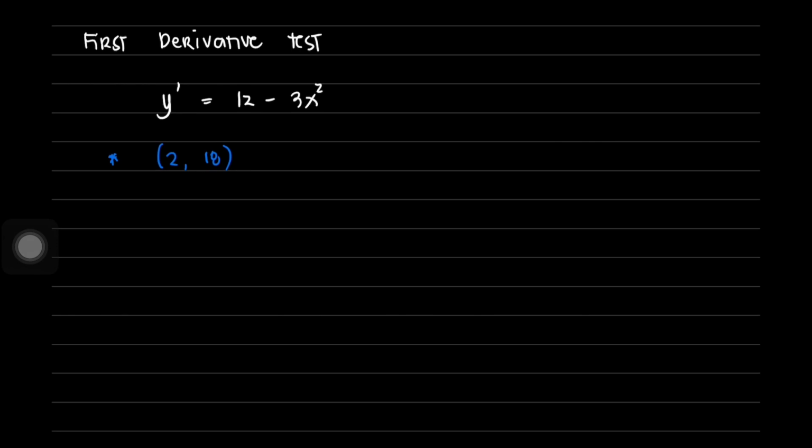Now, if the value of y prime changes from positive to negative as x increases, then the critical point is said to be maximum.